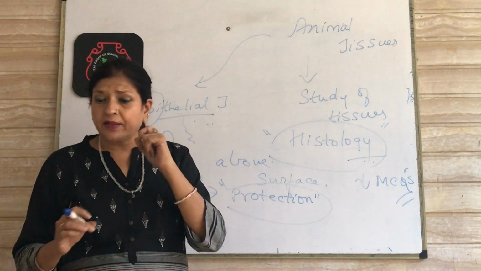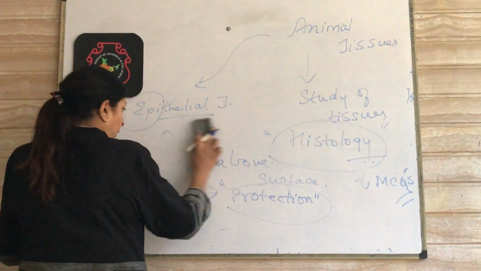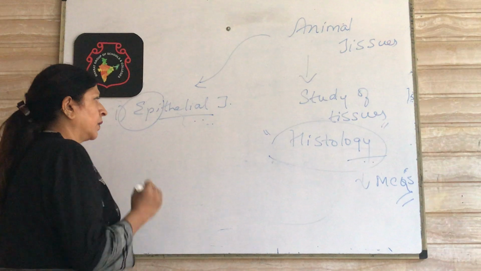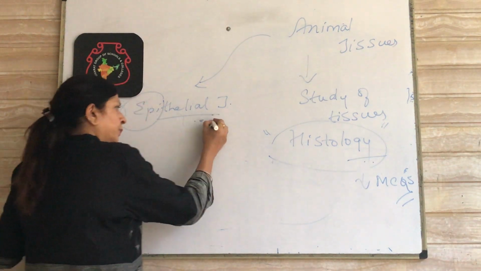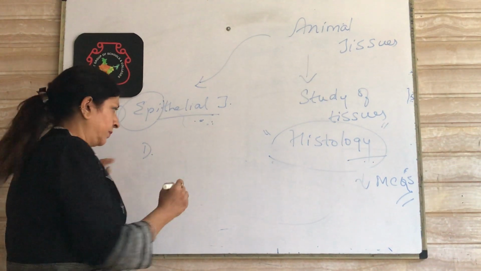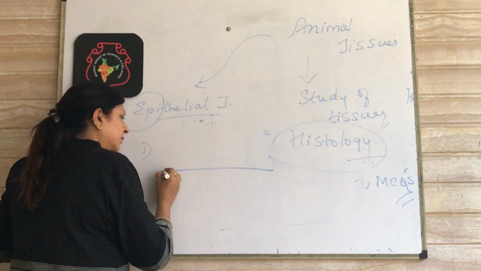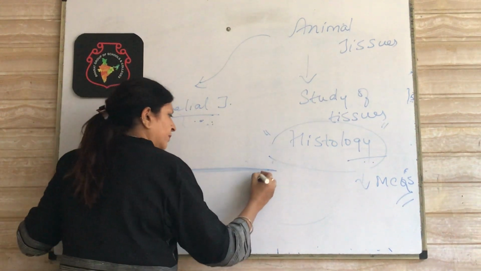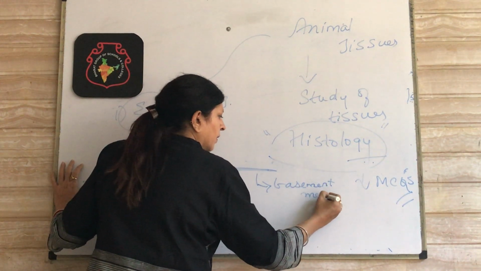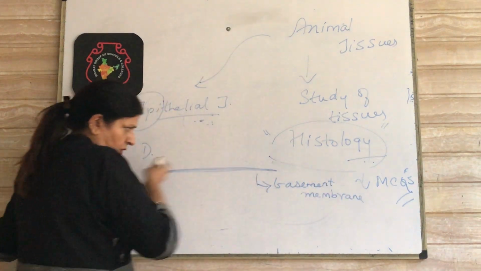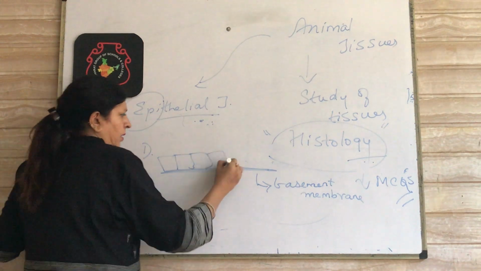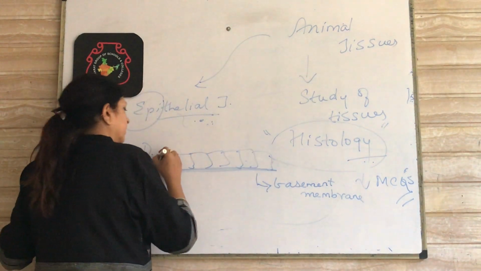Now, there are few characteristics that go along with epithelial tissue. These epithelial tissue, number 1, they have a supportive basement membrane. A basement membrane which is at the base, and the cells are placed right above the basement membrane.